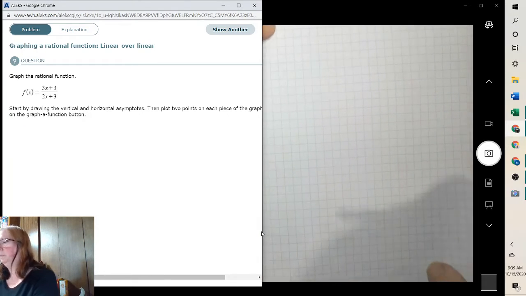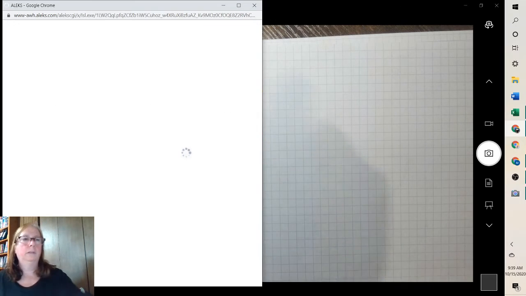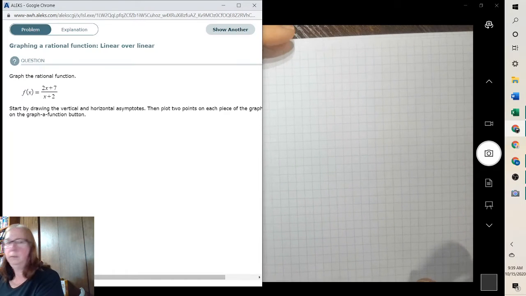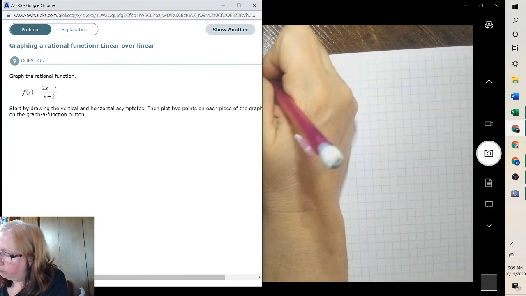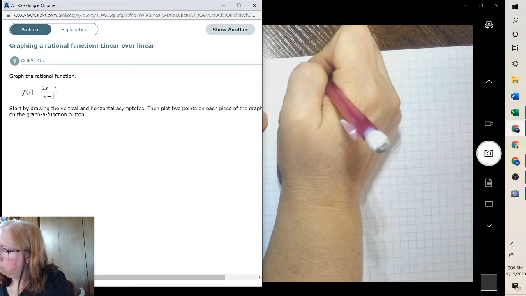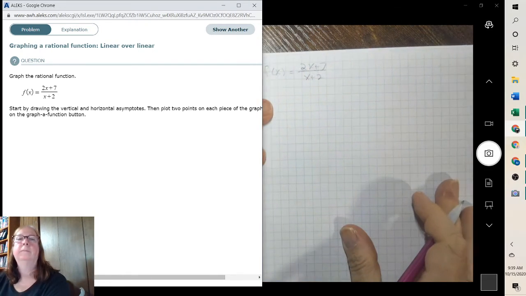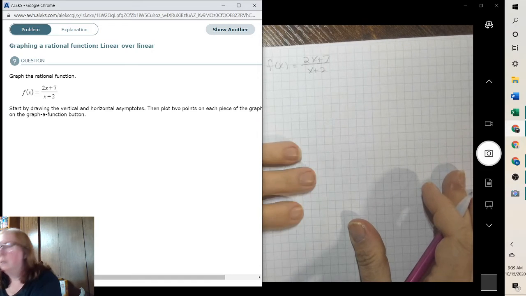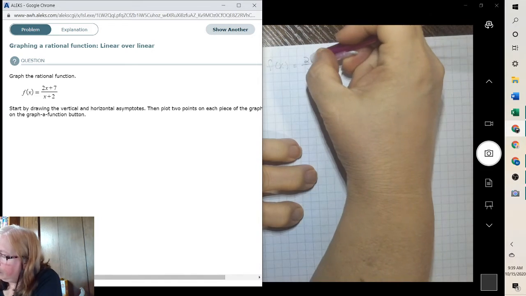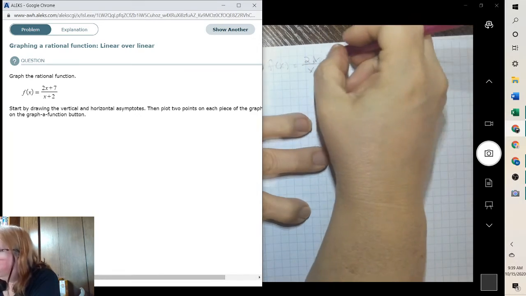Try one more. Okay, so we have this, 2x plus 7 over x plus 2. Now when we're solving it, we need to first find vertical and horizontal asymptotes.